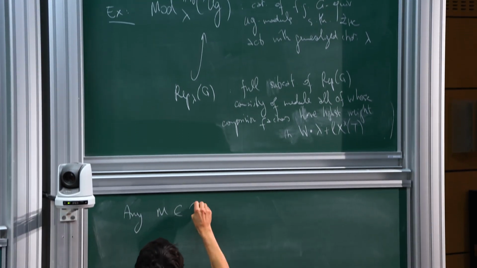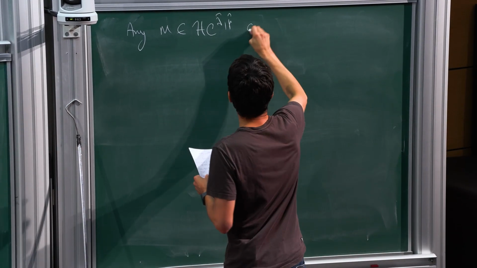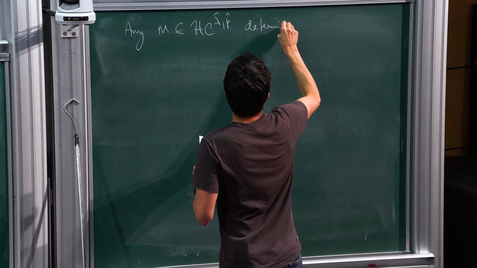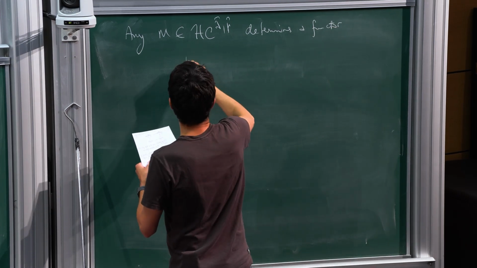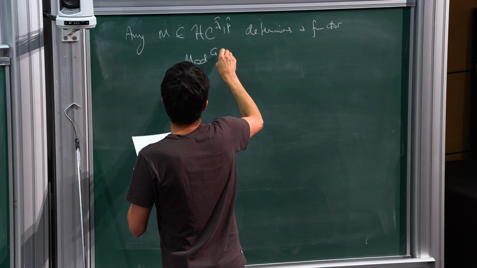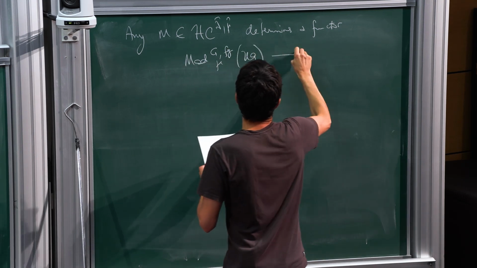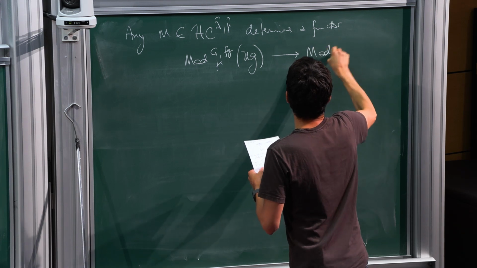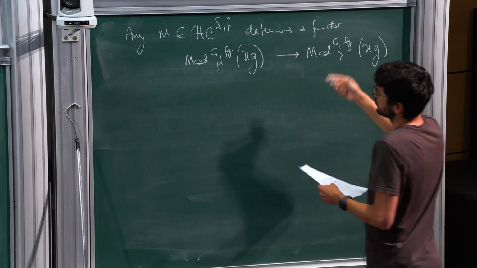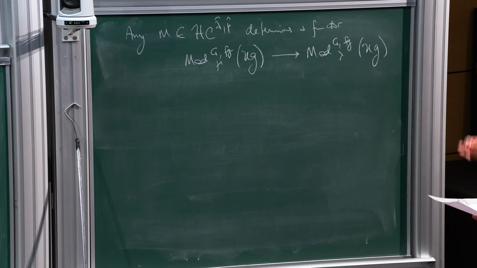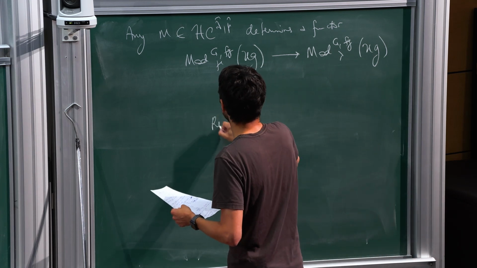Any m in my category HC lambda hat mu hat determines a functor from my category of modules for the enveloping algebra corresponding to mu to the similar category corresponding to lambda, just once again by letting a bimodule act on modules, and it will respect representations of the group.